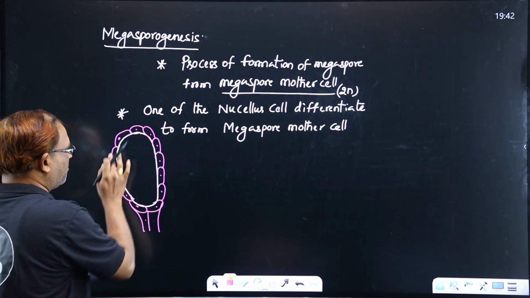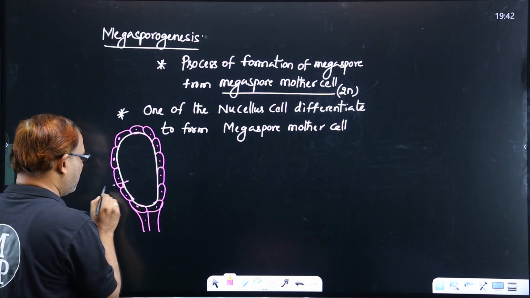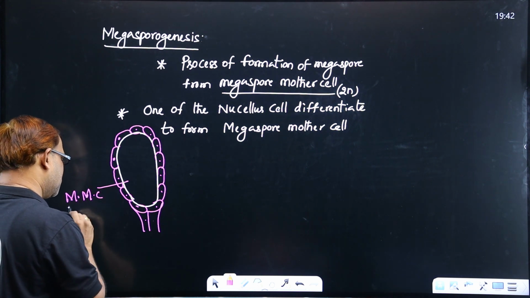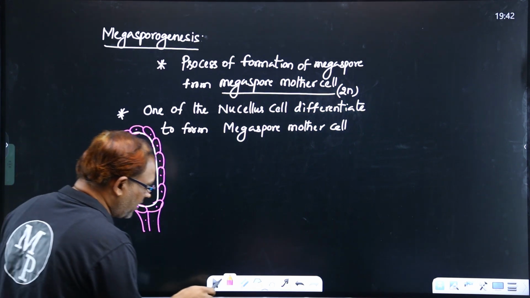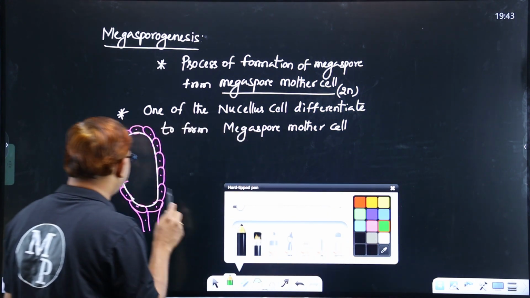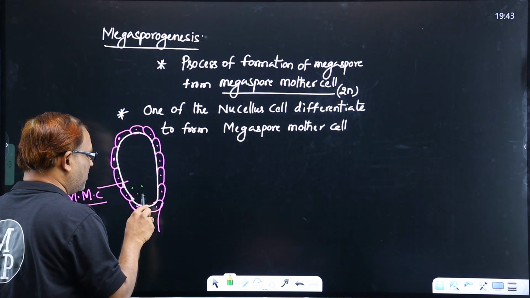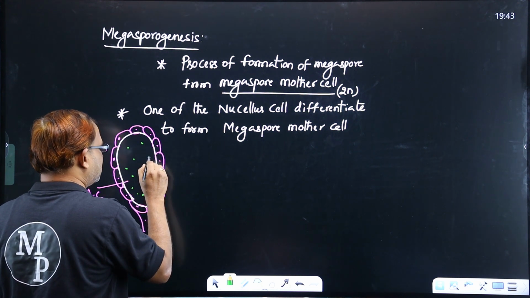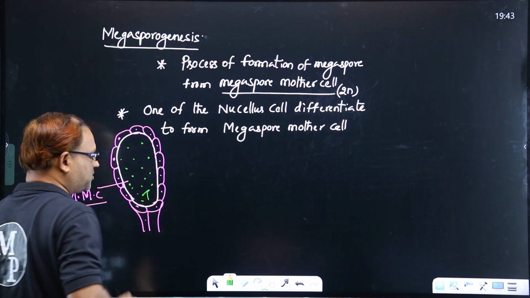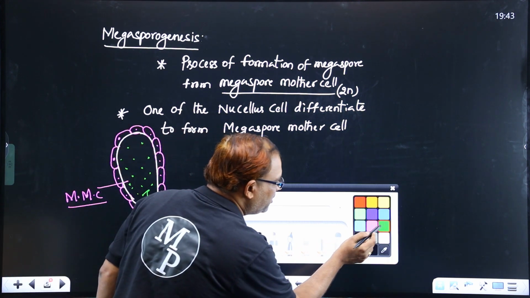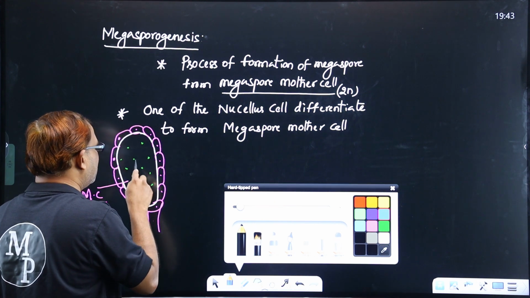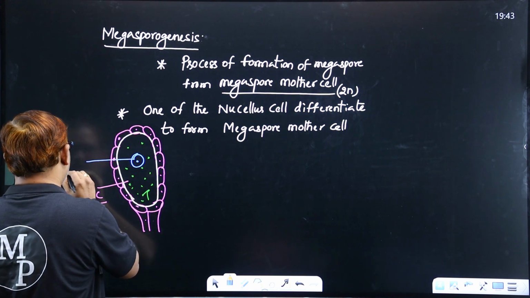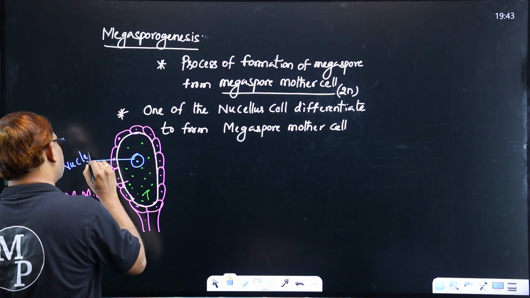This big cell, the white colored layer, is the MMC, the megaspore mother cell. Inside the megaspore mother cell, a dense cytoplasm is present, and a prominent nucleus is also present inside.